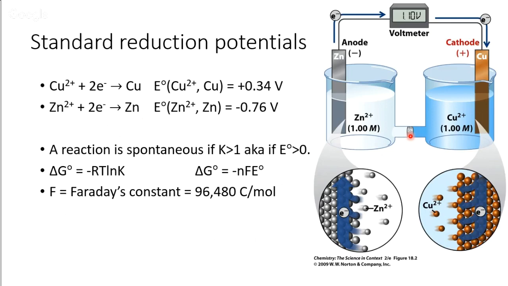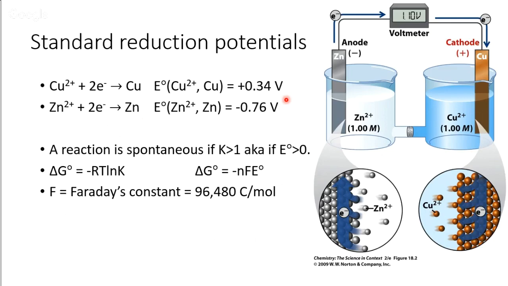The reduction potentials for the two reactions are shown here on the slide. Okay. And we can look those up in a table of reduction potentials. One question we might ask is, how can we predict the direction of electron flow? Well, we can look at the half reactions.